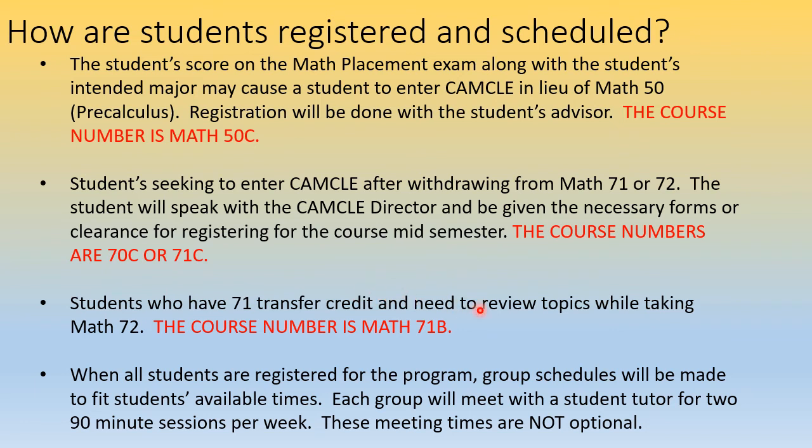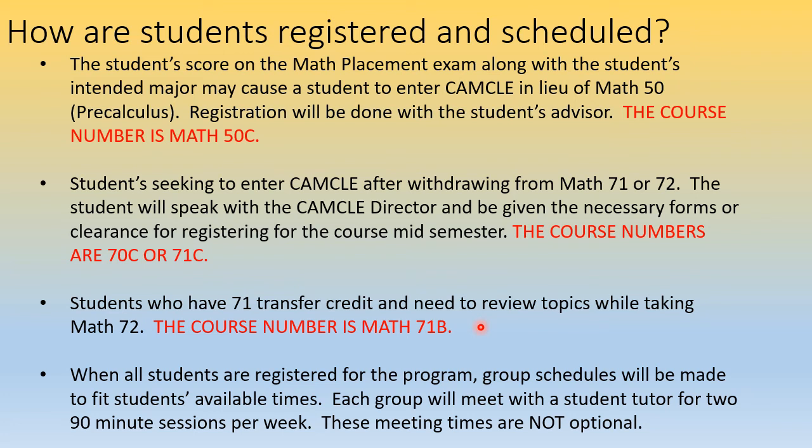If you have 71 transfer credit or have passed Math 61 and need to review or learn additional topics, you would register for course 71B. You could see your advisor, the chair of the math department, or myself to register.